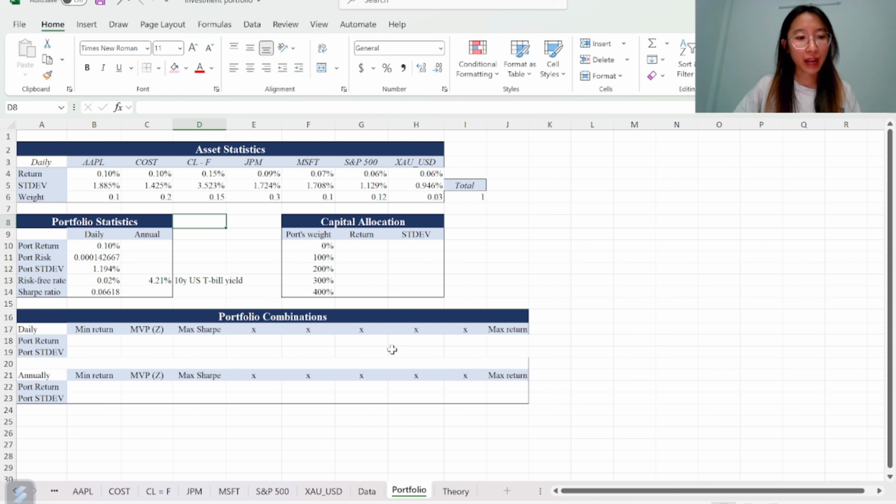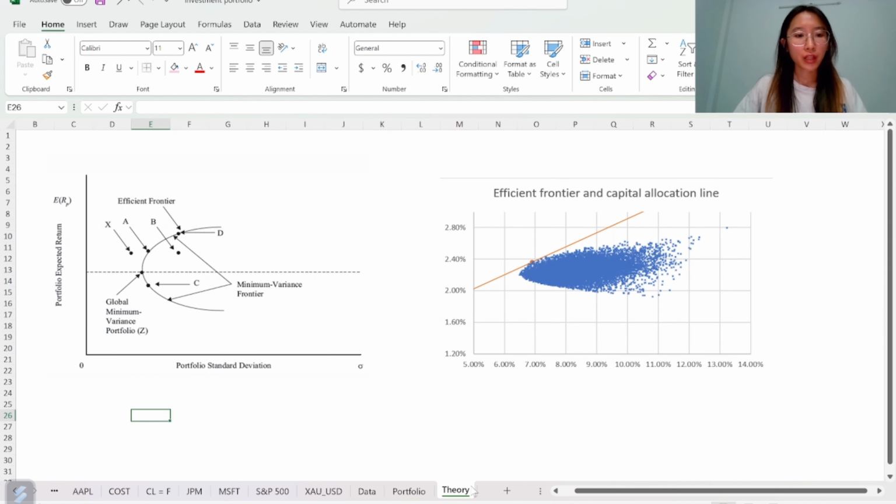To be able to grab the efficient frontier, let's take a look into the fundamental knowledge. The efficient frontier is actually the upper half of what is called the minimum variance frontier. That means the efficient frontier represents a set of portfolios that give us the highest return given a number of risks, or the lowest risk given a number of returns.